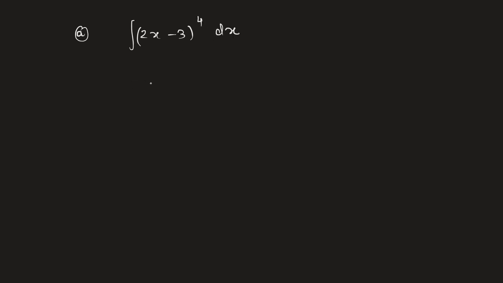We'll apply the power rule, considering this whole as one function, so (2x minus 3) to the power 4 plus 1, upon 4 plus 1. Now, what would be the differentiation of this inside linear function? It is 2, so instead of multiplying by 2, we'll divide by 2.